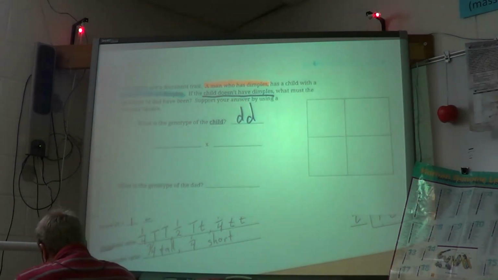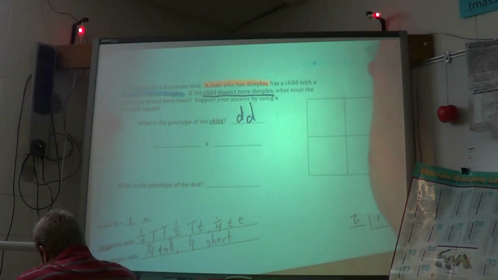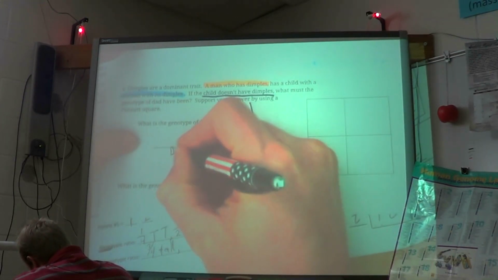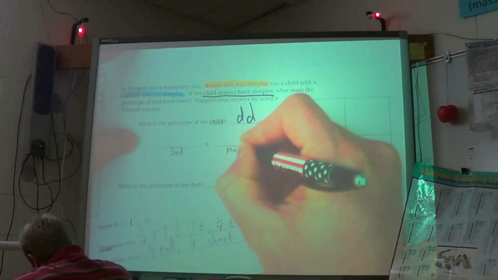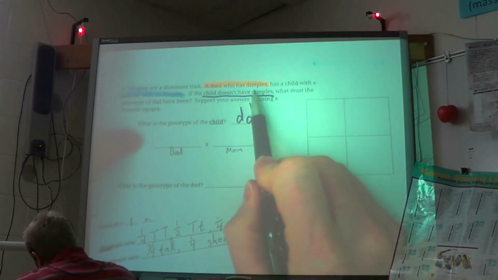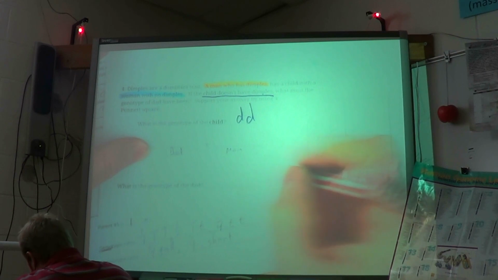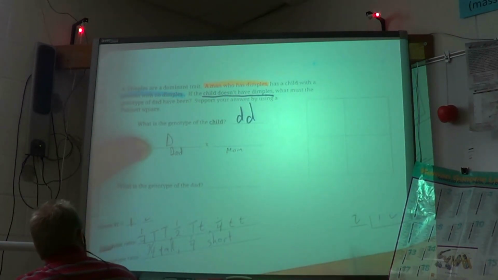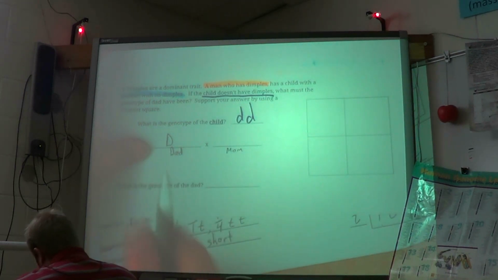So, if the man has dimples and the mom does not have dimples, let's say dad versus mom. If dad has dimples, what must one of his letters be? It has to be at least one big D. We don't necessarily, right now, know what the second letter is.